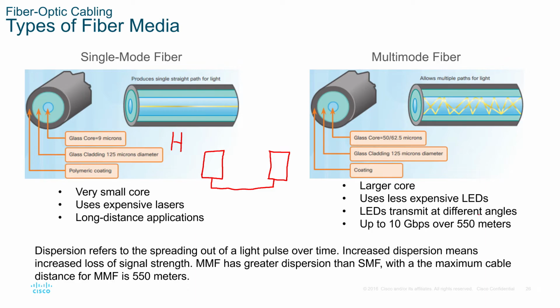The LEDs transmit at different angles coming in, and up to 10 gigabits over 550 meters, much longer distances. Single mode goes longer than multi-mode. Multi-mode we would usually use within a building, such as a tall building, to connect between the floors. As such, this is normally referred to as vertical cabling.